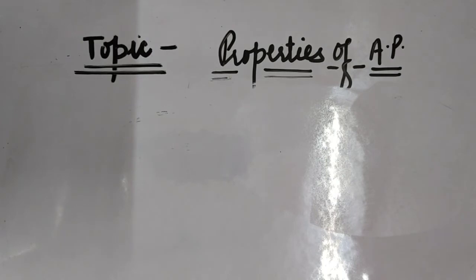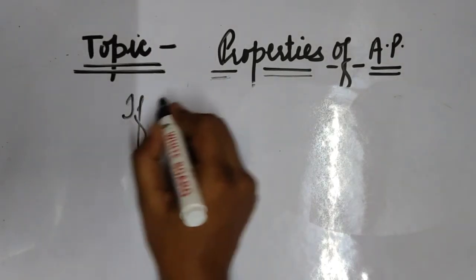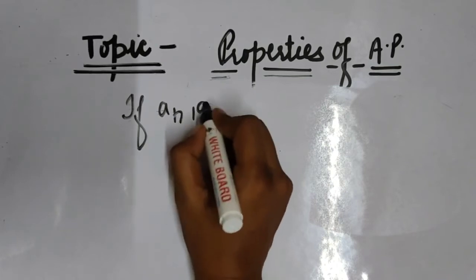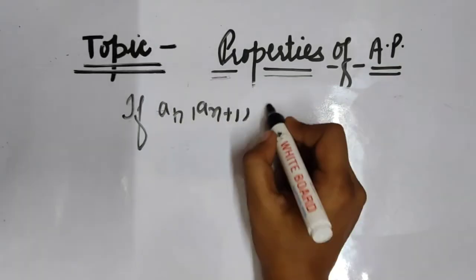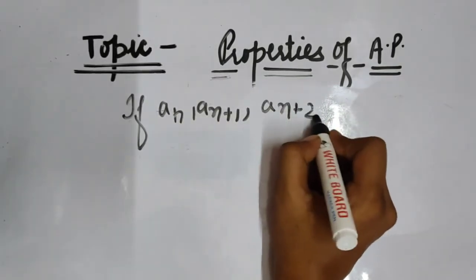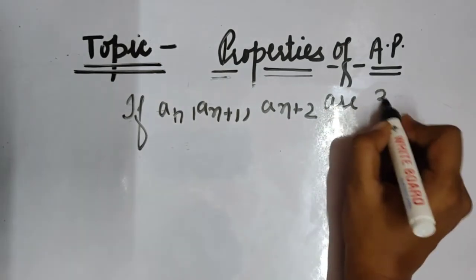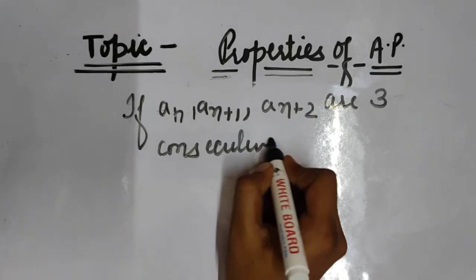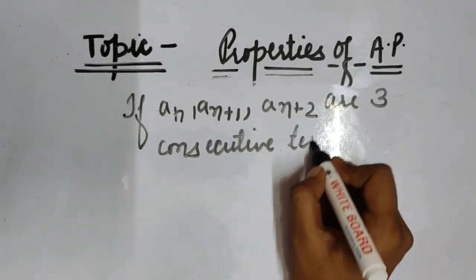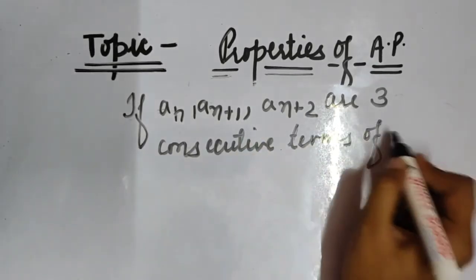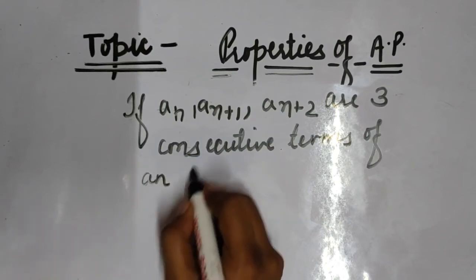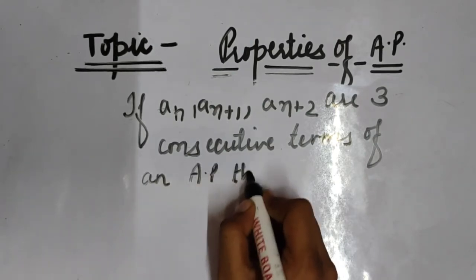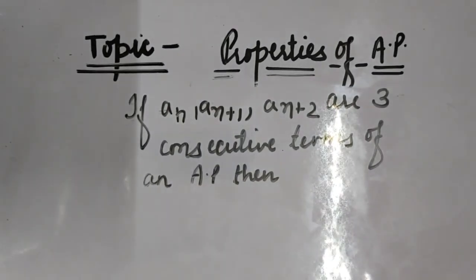Yes students, our next property afterwards, what is that? If a_n, a_n plus 1, a_n plus 2 are 3 consecutive terms of an AP, then what result can we derive from here?